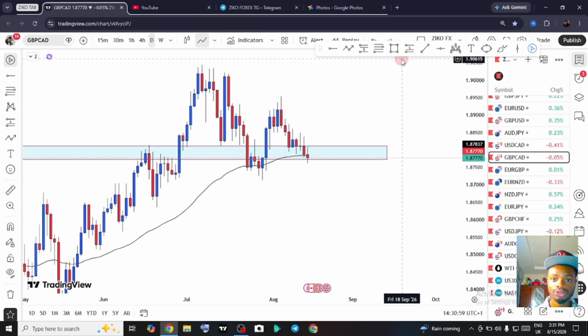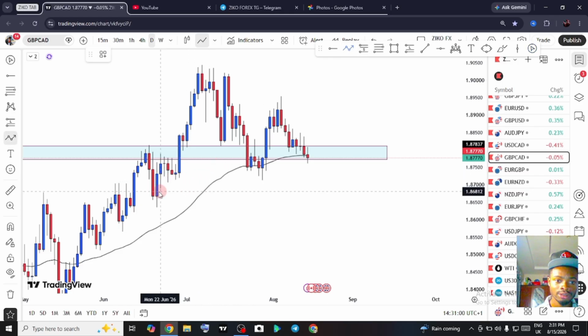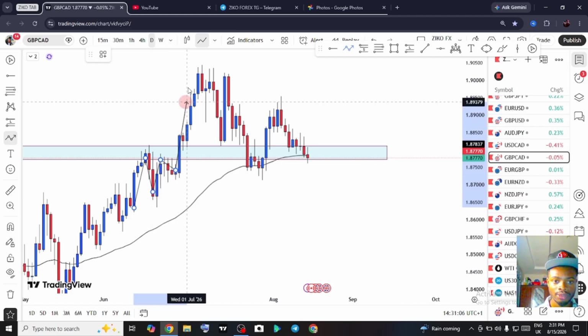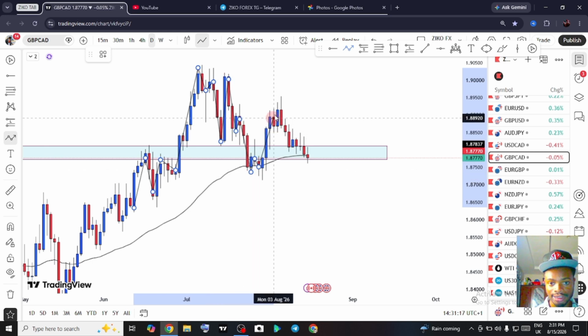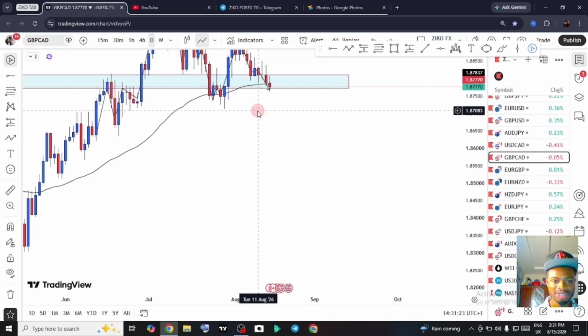So let's draw this market structure and see. So this market pretty much started from here to here to here, and so on. I'm just drawing what I can see right now. I'll bring it out to see if I can have a cleaner perspective on this market.